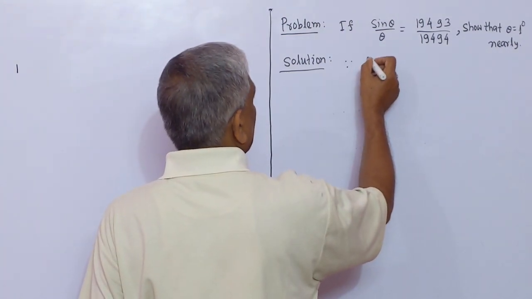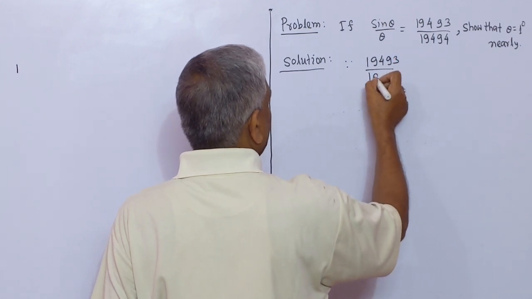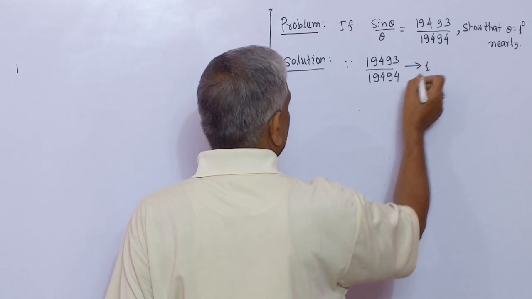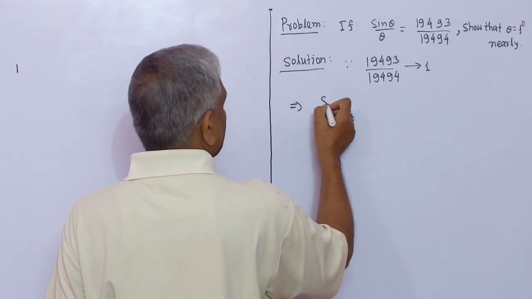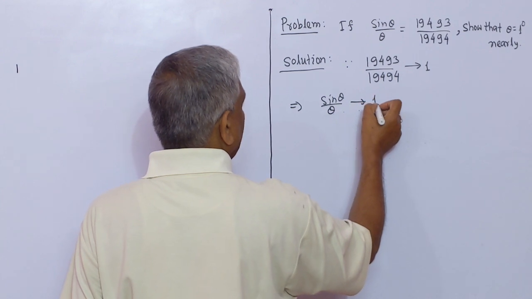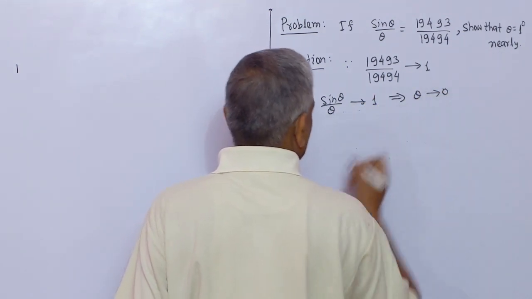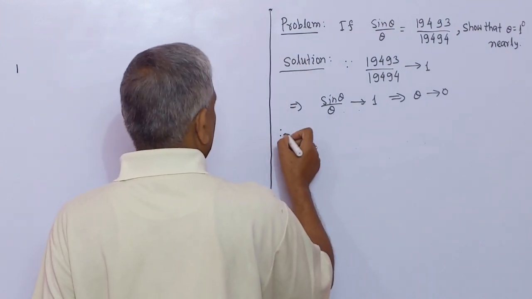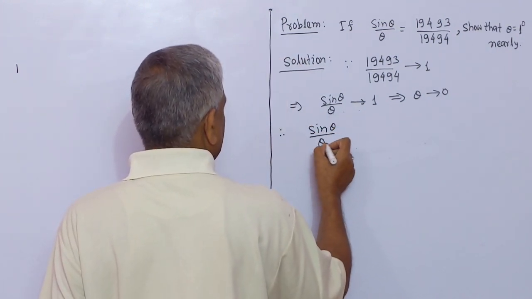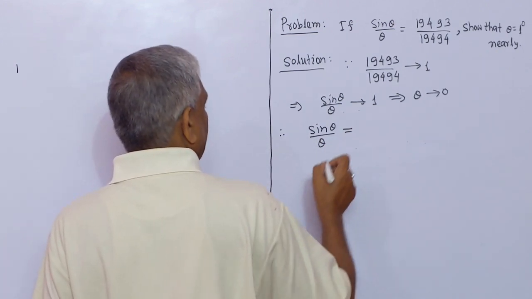Since 19493 by 19494 tends to 1, it implies that sin theta by theta tends to 1, which implies that theta tends to 0. Therefore, we may expand sin theta by theta in powers of theta.